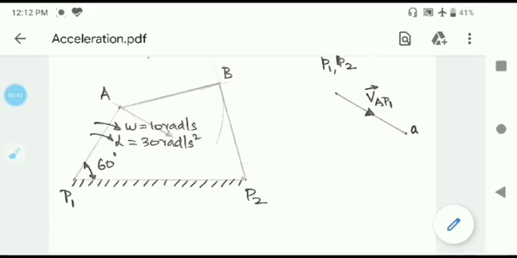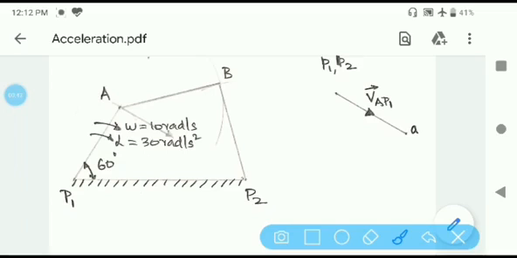That means what you do is you draw a line perpendicular to link AB either from A or from B. From anywhere you can draw.